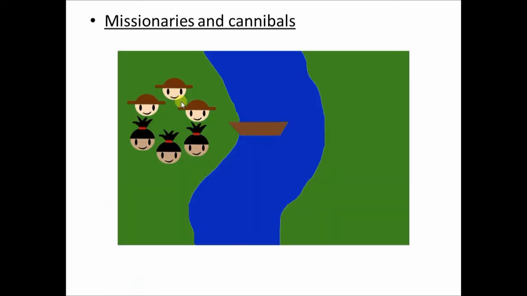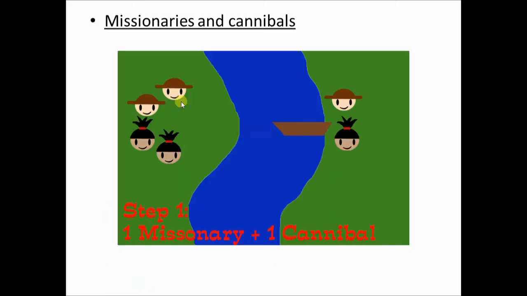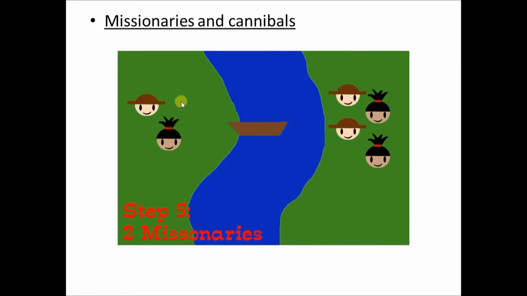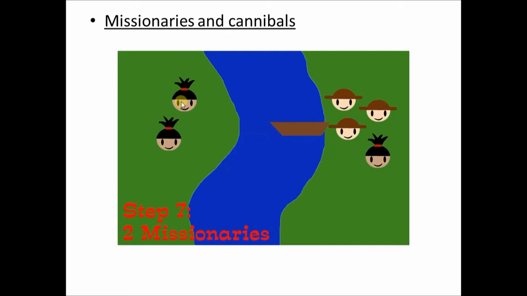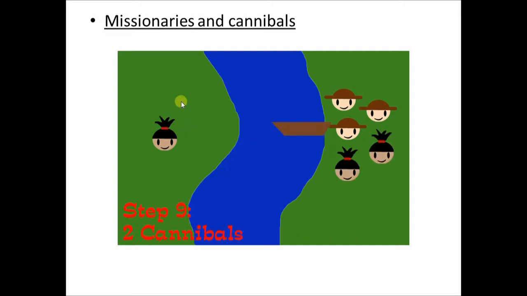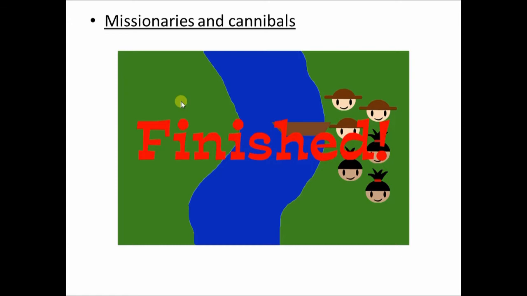You see how it is solved. Initially there are 3 missionaries, 3 cannibals. Just see. So the problem is solved in 11 steps. If you want, you can see it again.